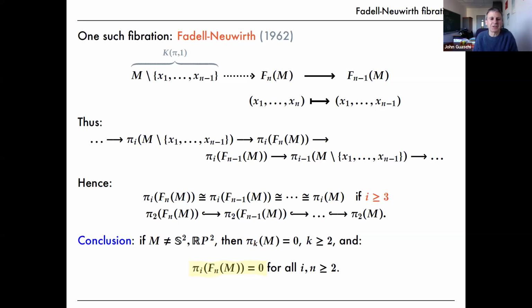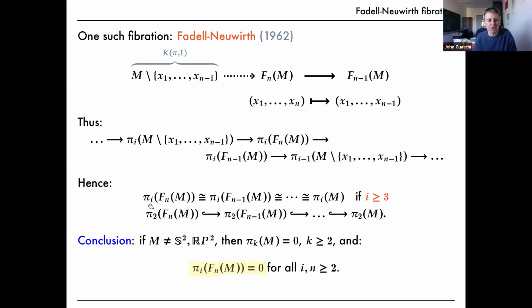So when you take the long exact sequence in homotopy, the higher homotopy groups of the fiber disappear. And so a lot of the time you're just left with isomorphisms between the homotopy groups of these two spaces. When you do that and use the fact that this is a K(π,1), then you see by induction that you can go down as far as you like.